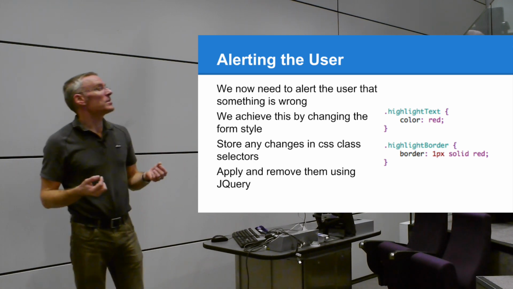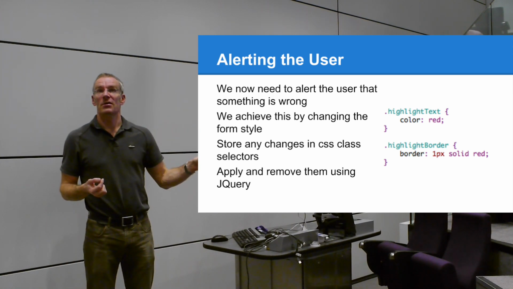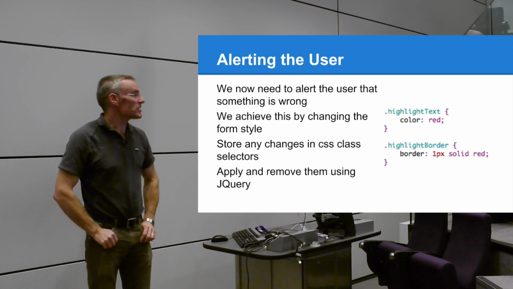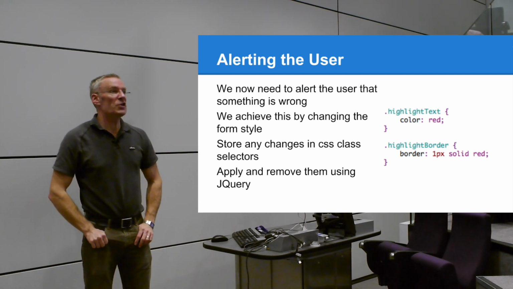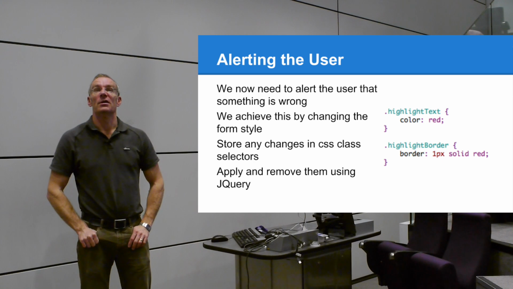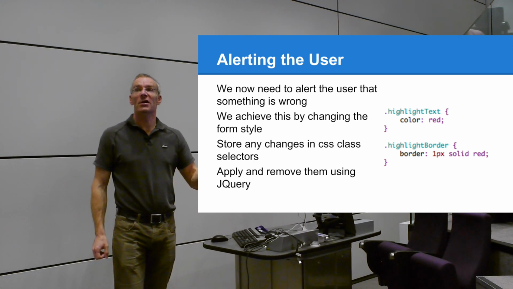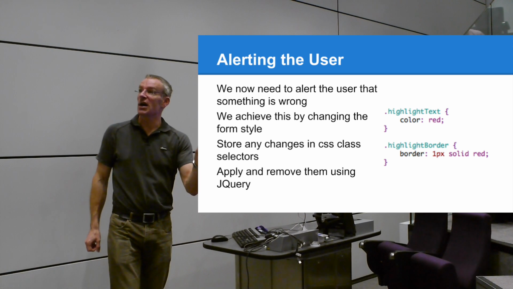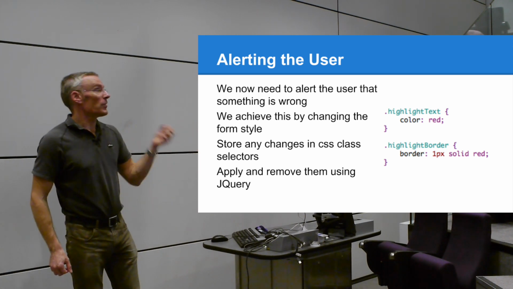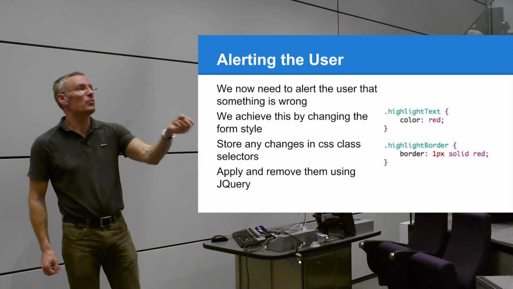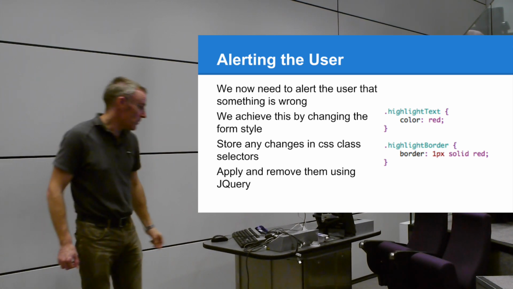What I'm going to do instead is create two CSS selectors. I'm going to target a class called highlight text and a class called highlight border. I haven't said red border, I've said highlight border, which means if I want to change the highlight to green or to orange, I can simply go into my CSS file, change that line, and it will update every form on my page. I'm going to add and remove this class based on whether the data is valid. This is what I'm hoping to do.